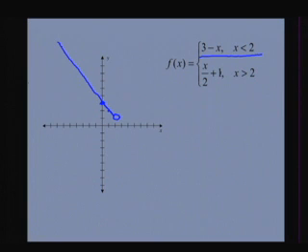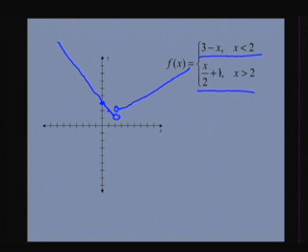Now, for the second part of this graph, we need to, again, draw a straight line. And in this case, it's an open circle up here at 2. And the slope is 1/2. So it's going to be a slightly flatter line going out in that direction.